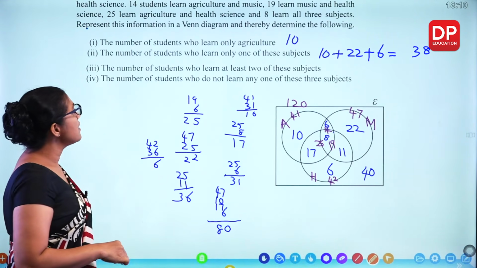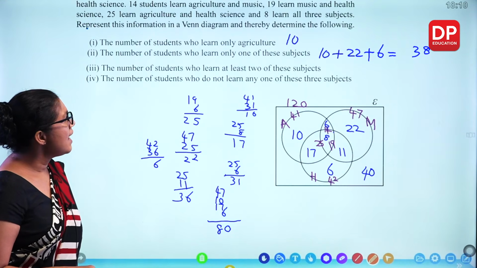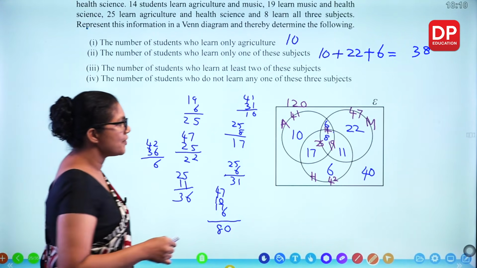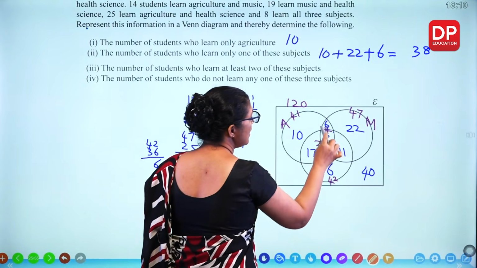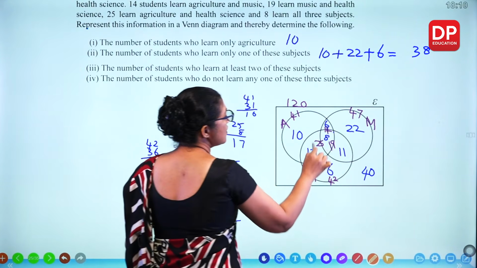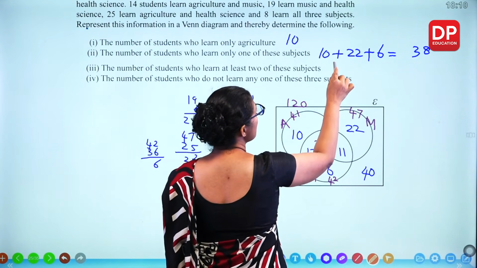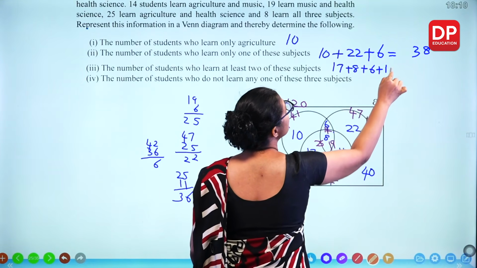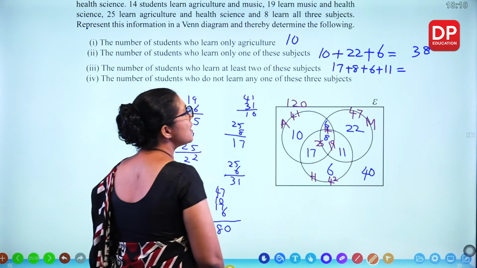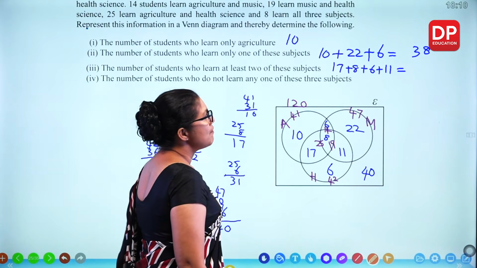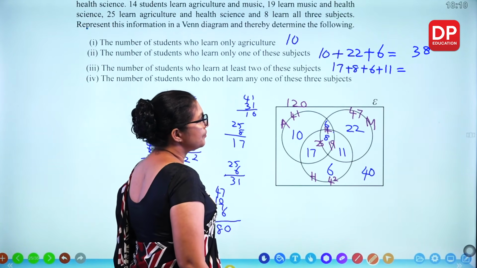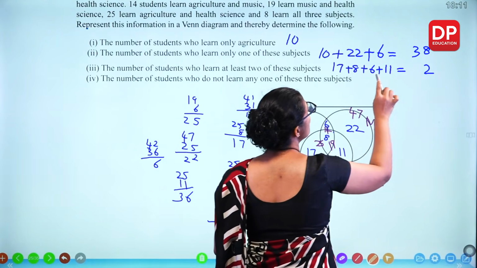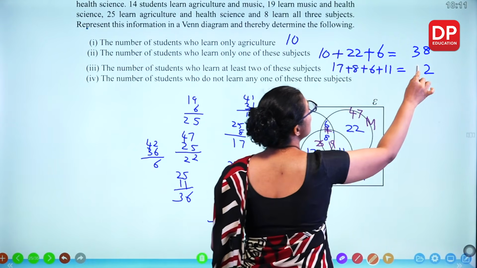The next one, the number of students who learn at least 2 of these subjects. At least 2 means 2 or 3. So this region, the whole, these 4 parts. 17 plus 8 plus 6 plus 11. 8 plus 7, 15. 15 plus 6, 21. 21 plus 1, 22. 2 remaining, 3, 4.